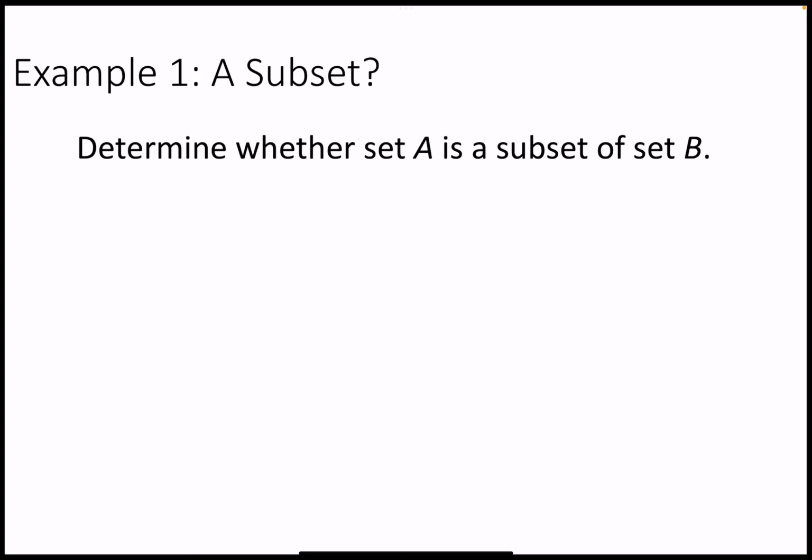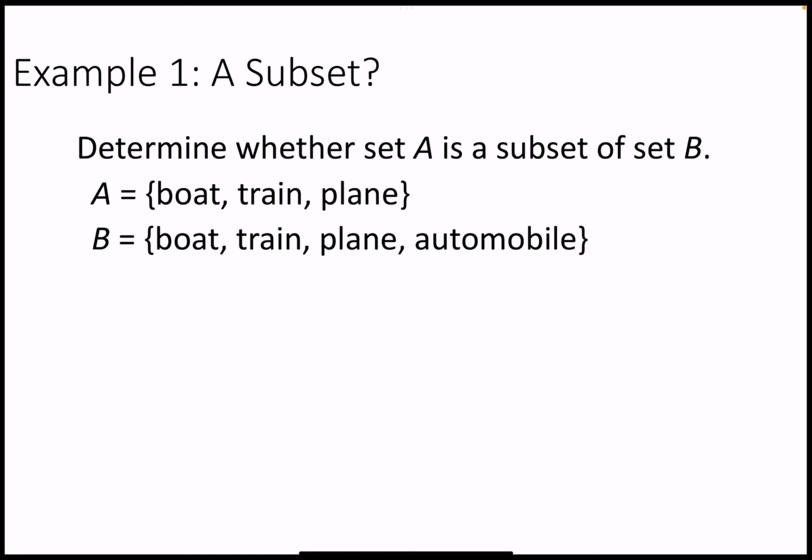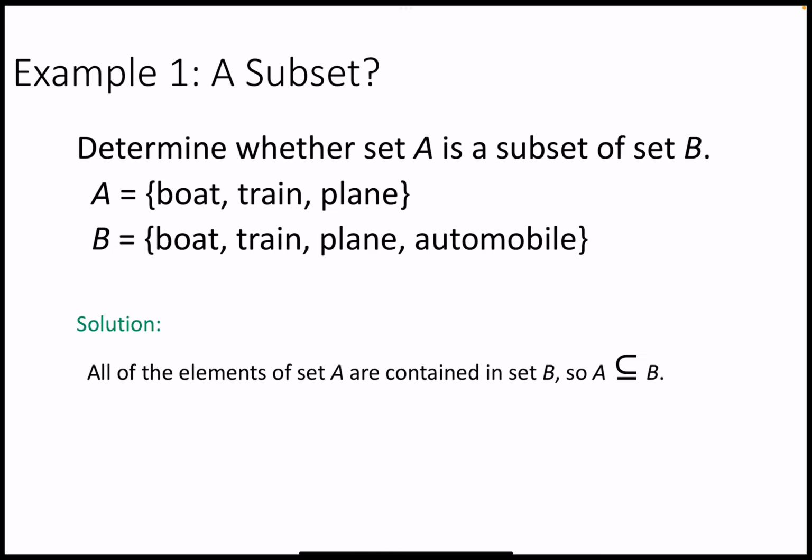So let's see how we determine whether set A is a subset of set B. Let's say set A, set B. Here you check the definition: if every element of set A is also in B. In set A you have three elements: boat, train, and plane.